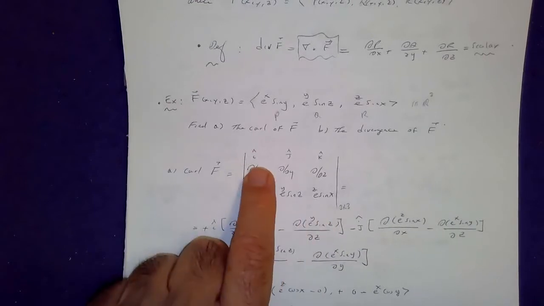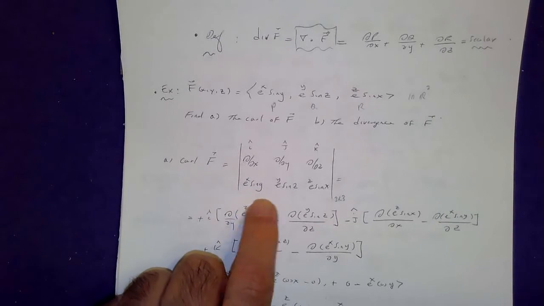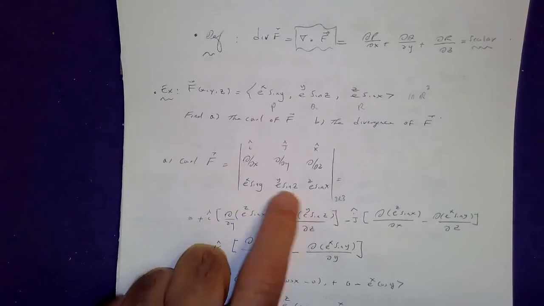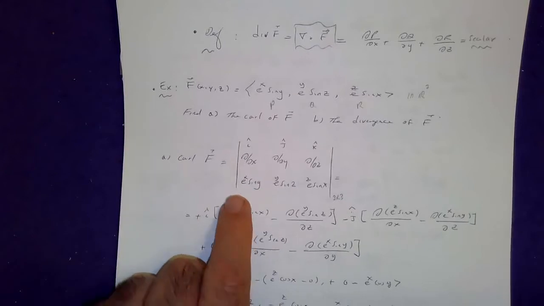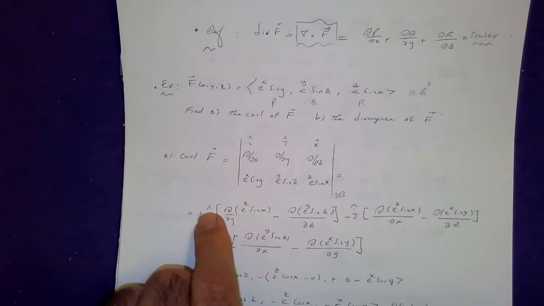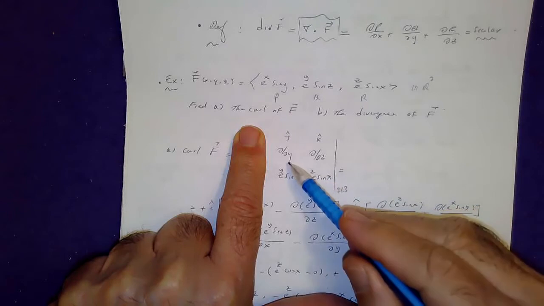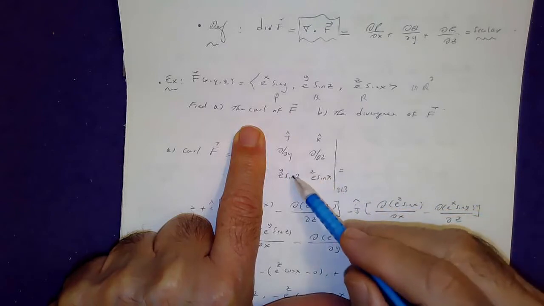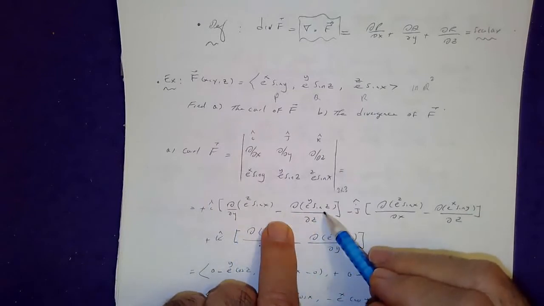The first row is i, j, k, the second row is the partials, and the third row is P, Q, R. Make sure you follow the order.